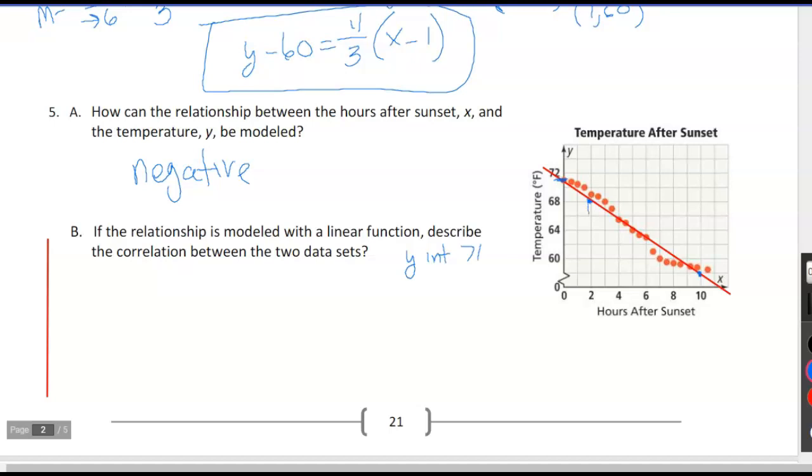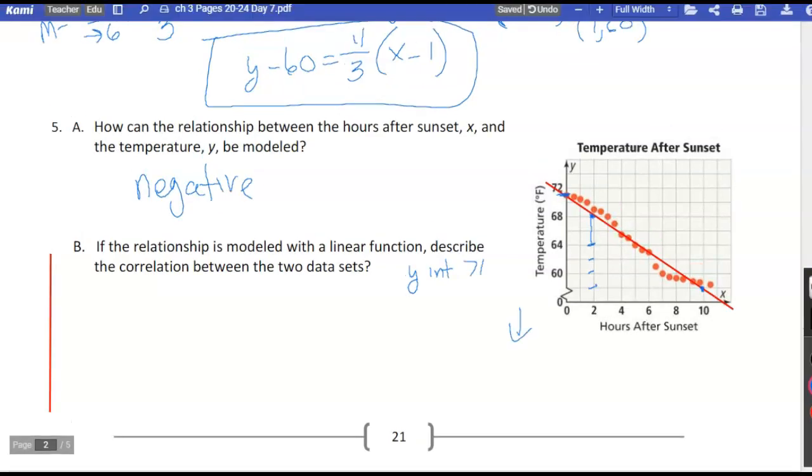Well, I go down 2, 4, 6, 8, 10. And then I went from 2 to 10. So I went down 10. And then I went over, that would be 8. So remember, when we go down 10, that's negative. So I have negative 5/4.